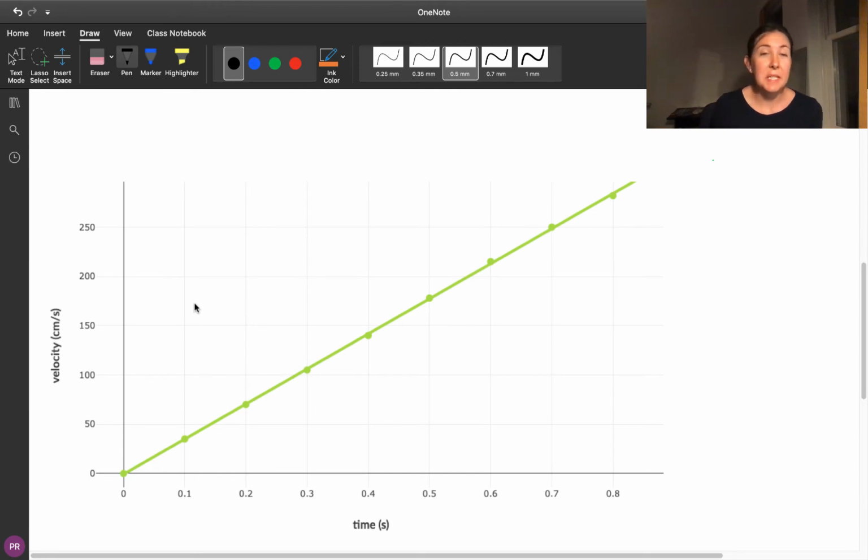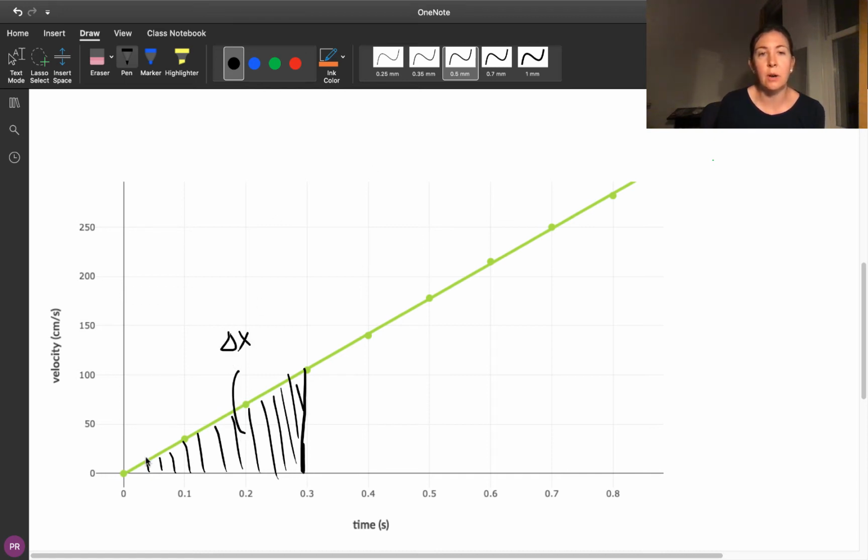You can get the same thing from a velocity versus time graph, because remember, the area under this curve is the change in position. And so if I took my time of 0.3 seconds, I could find my change in position here, how far it goes from the beginning.